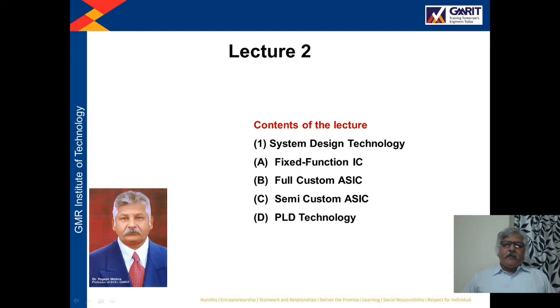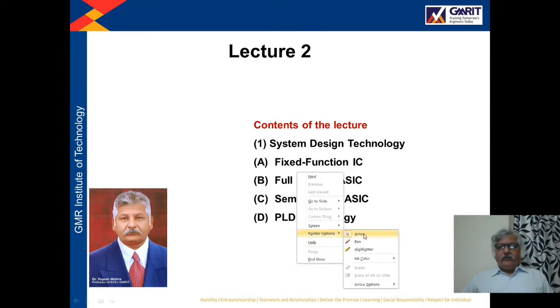So now, in the last lecture, we discussed the various design metrics which are to be optimized by the design engineer when he is designing a product. Now we will see what the various system design technologies are.